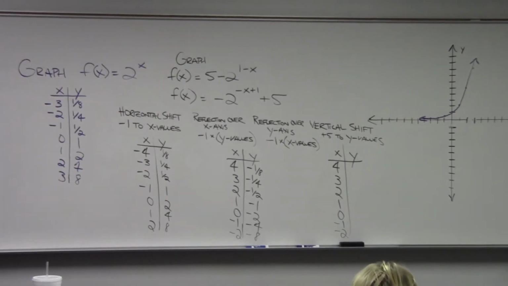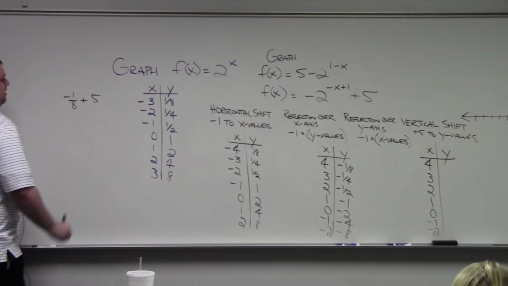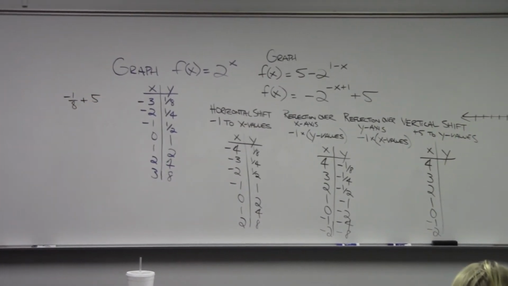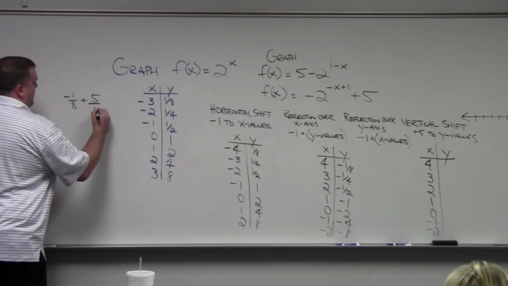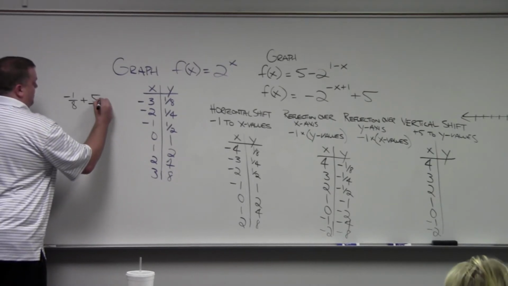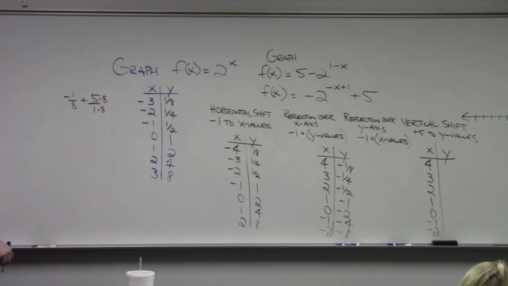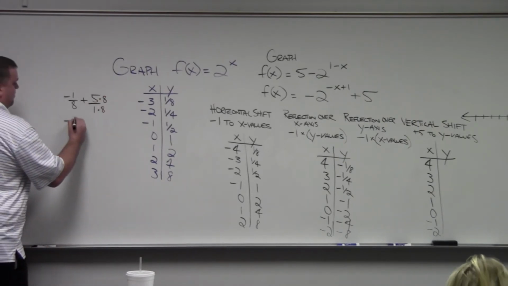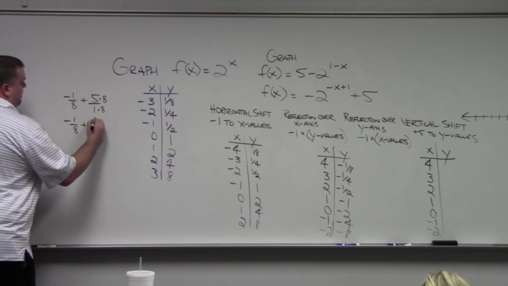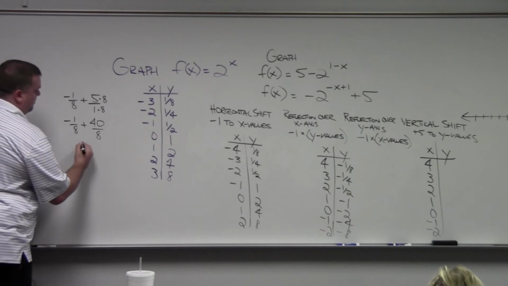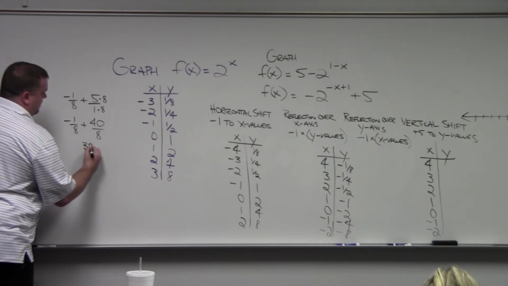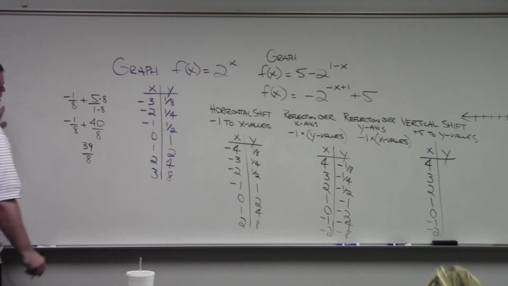So -1/8 plus 5, how would I work that out? You use 8. Need to multiply 5 over 1 times 8 over 8. You will end up with 40, correct? -1 plus 40 is 39 over 8.